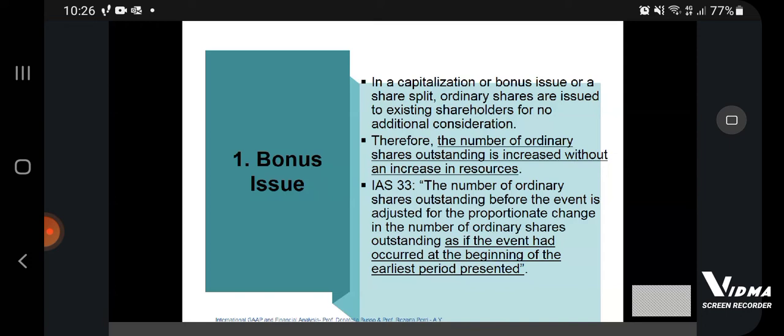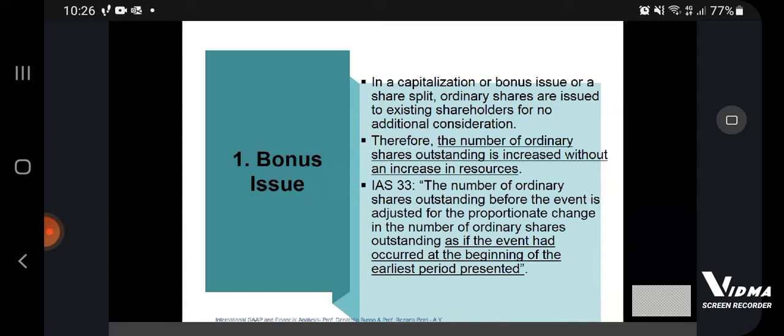Okay? Now, why does IAS 33 require that? You know that there are some requirements in the financial reporting standards that are required to be reported retrospectively. So to adjust the past as if this transaction has always happened.